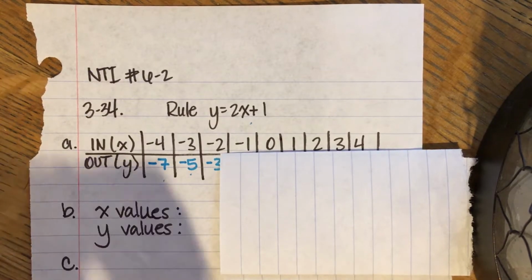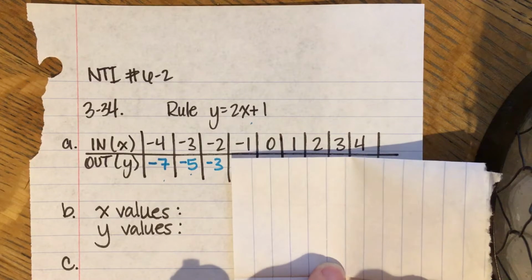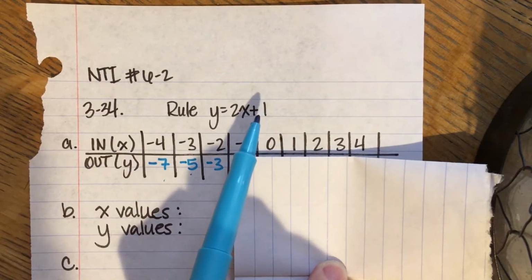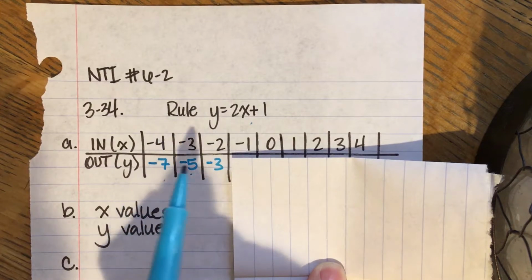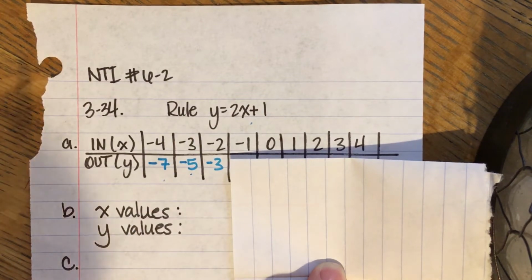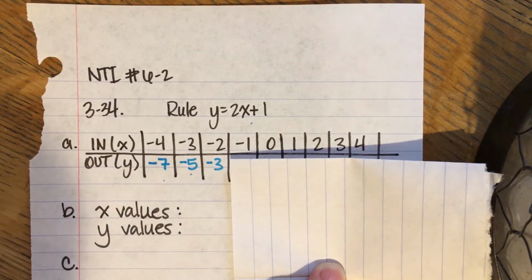Okay, so far, looking at my y values, I know that my rule is doubling x and adding 1. But look at the y values. Do you see any kind of pattern down here? Do you see a common difference, is what we call it? So if I take my values down here and I start subtracting them, do they have a common difference?